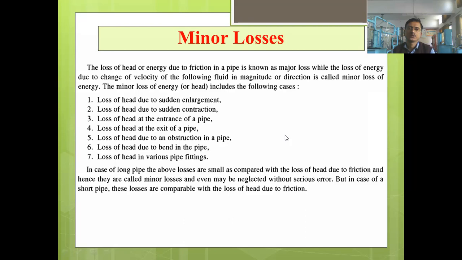Loss of head due to sudden enlargement. Second, loss of head due to sudden contraction. Then third, loss of head at the entrance of pipe. Next, loss of head at the exit of a pipe. Loss of head due to an obstruction in a pipe.